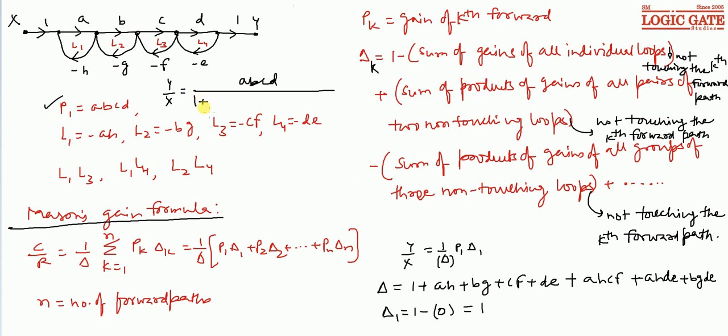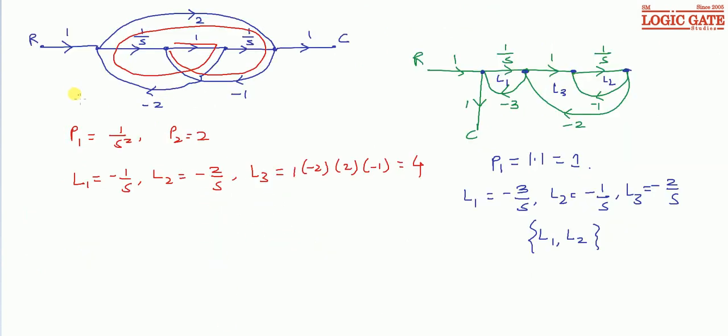So this will be 1 plus AH plus BG plus CF plus DE plus AH CF plus AH DE and BG plus BG DE. So this will be the closed loop transfer function for this signal flow graph using the Mason's gain formula. Now let's find out the closed loop transfer function for these two signal flow graph.